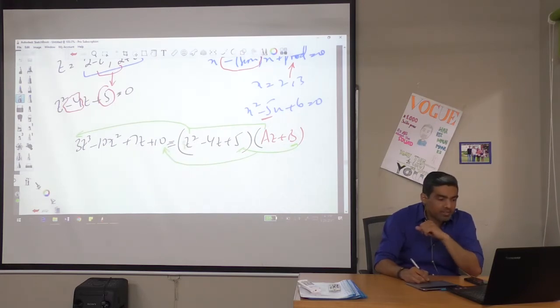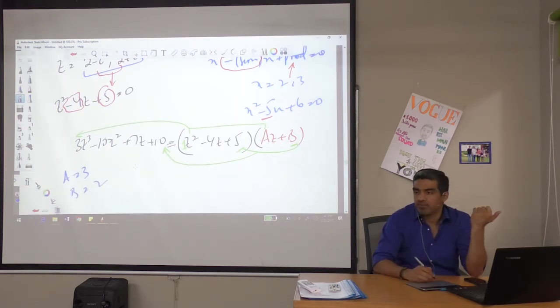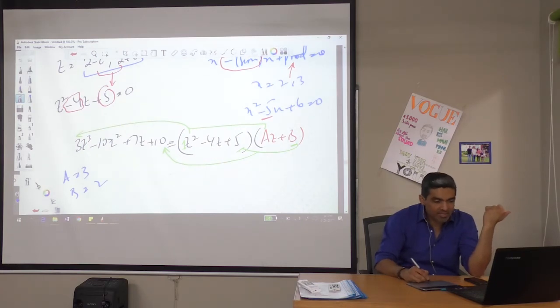So 1 times a is 3, so a has to be 3. And 5 times b gives you 10, so b has to be 2. That means the other factor is 3z plus 2. If I equate it to 0, I'll get the value of z. That means the real root is minus 2 by 3.